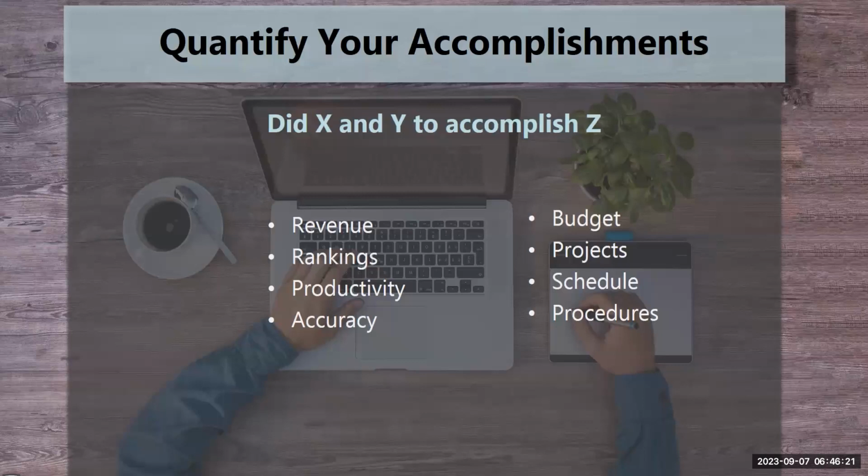And then also make sure that you're quantifying everything, right? It's not that you were responsible for doing something, that you just did something. It's how much, how many, what was the outcome of it? If you were in sales, not I beat sales targets, how much did you beat your targets by? How much did you increase revenue by? If you were in roles where you had to cut costs, reduce expenses, talk about how much you were able to reduce.